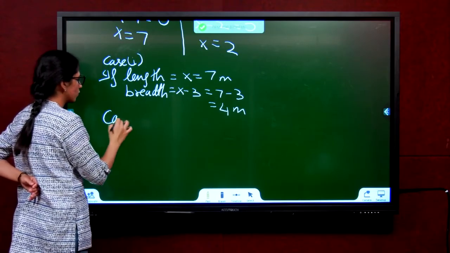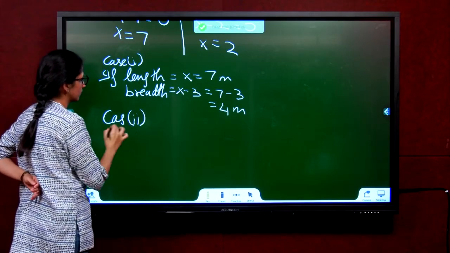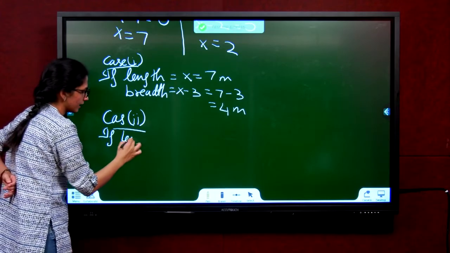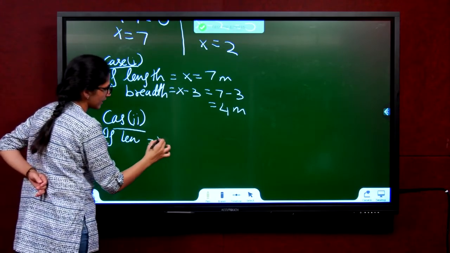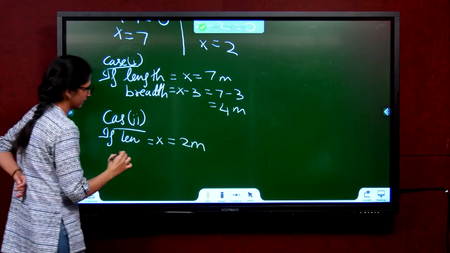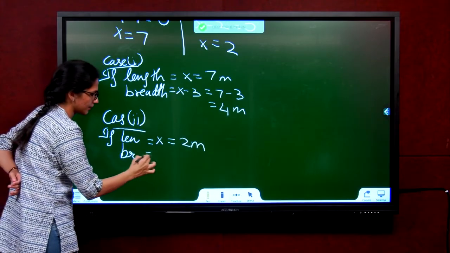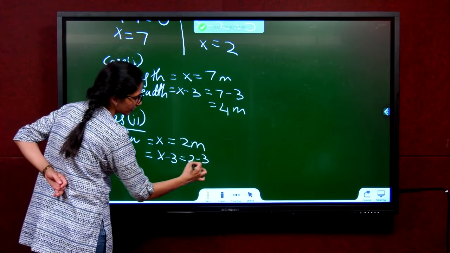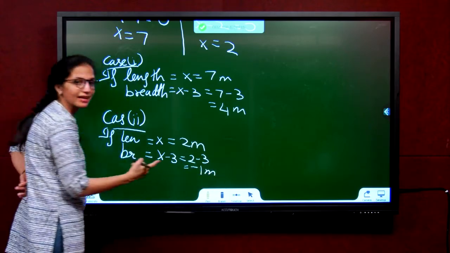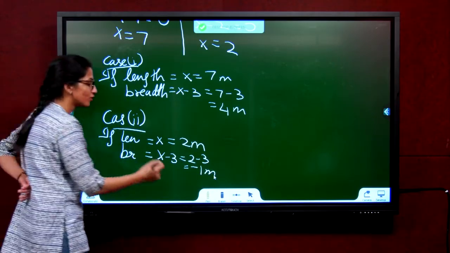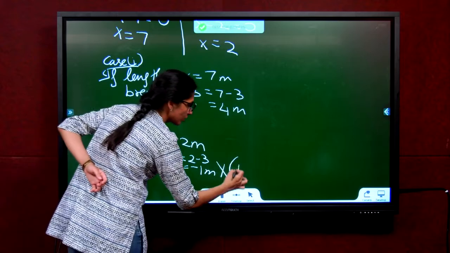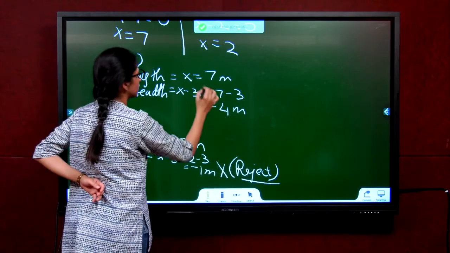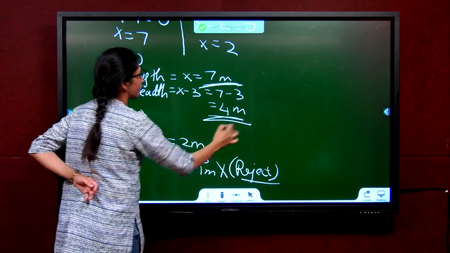Now case 2. If length equals x equals 2 meters, then what happens to the breadth? x minus 3. 2 minus 3, minus 1 meters. Can breadth be negative? No, which is why we will reject this. Therefore, there is only one solution, 7 meters and 4 meters.